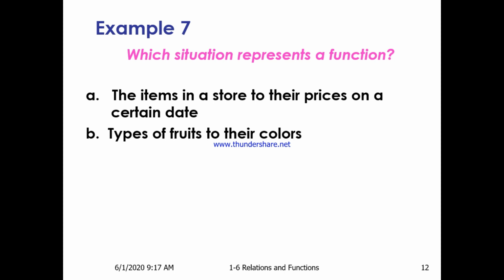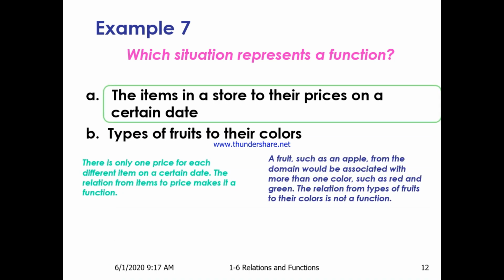Naay grapes nga seedless, naay grapes nga naay liso. Okay, so in this example, letter A is a function. Usa-usa ra man na ang kapresyo sa usa ka item sa grocery store. Mabitaw na inig panso diha, usa-usahon jud og panso kay lain man sila presyo. Okay.